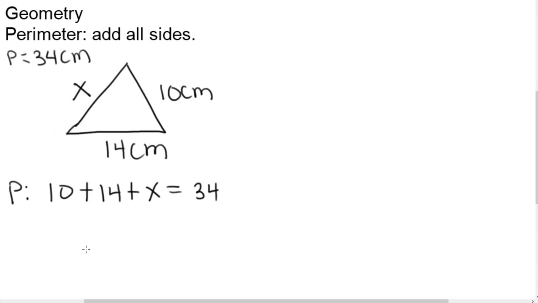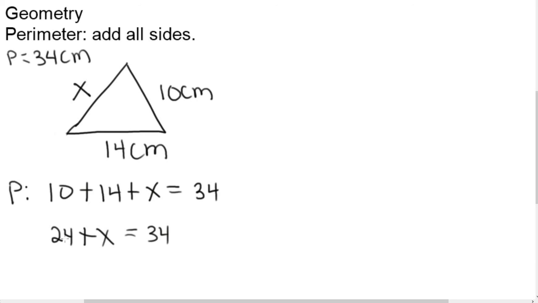And so now your basic algebra comes in. We combine like terms first of all. 10 plus 14, 24, plus x equals 34. We add the opposite.